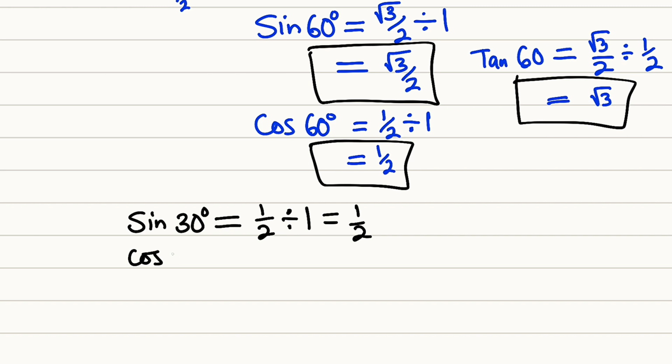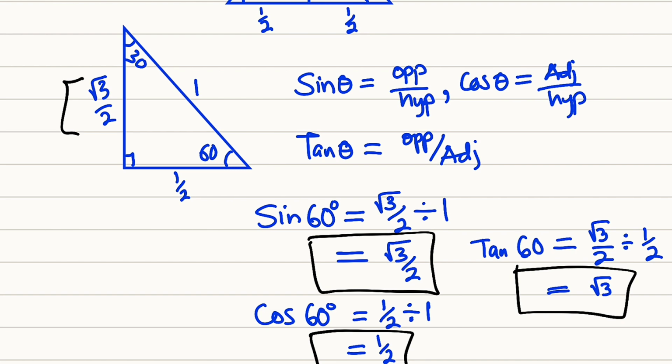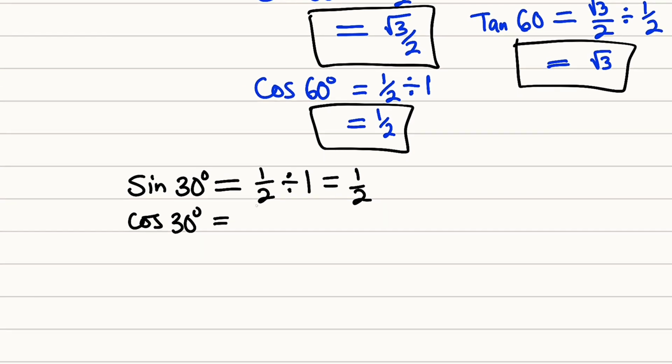Cos of 30 degrees is the same thing as adjacent divided by hypotenuse. The adjacent is root 3 over 2 and hypotenuse is 1. So we have root 3 over 2 divided by 1, which is the same thing as root 3 divided by 2.